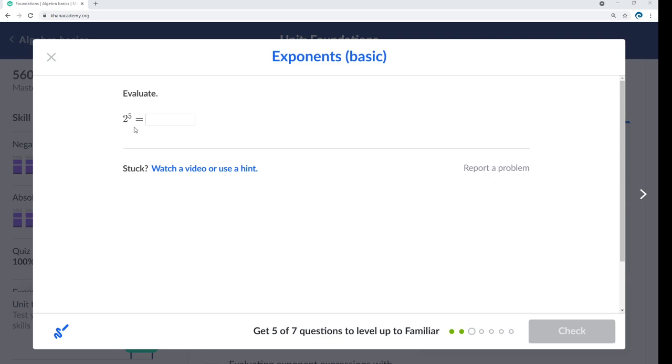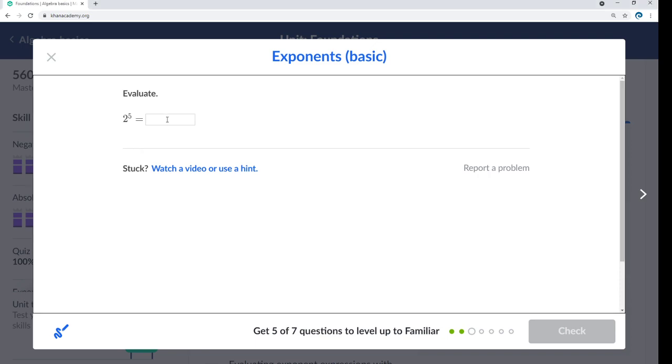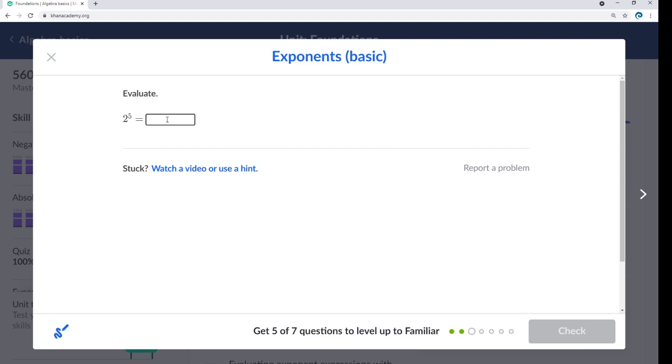And then times 2 is 8. Then times 2 is 16. And then times 2 is 32. 16 times 2 is 32, right? So I think 2 to the 5th power is 32.